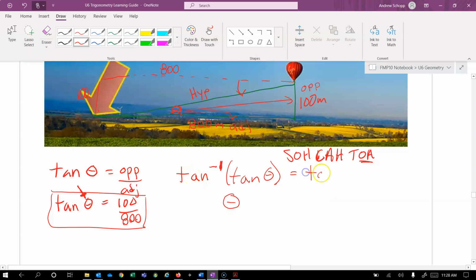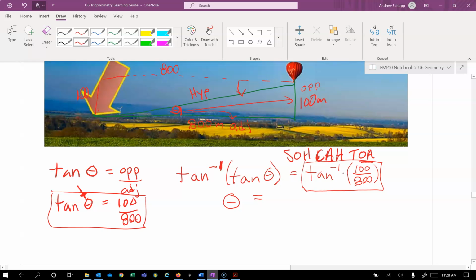So I must also take the inverse tangent of 100 over 800 on the right-hand side. Now that is a calculation that we can do in our calculator. And just remember that this -1 is not an exponent, it's just telling us the inverse tangent.